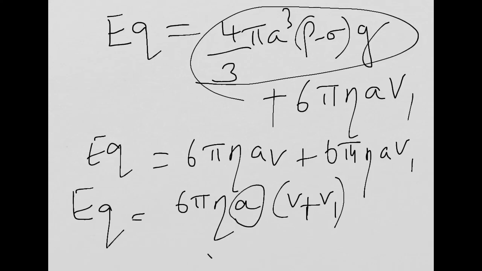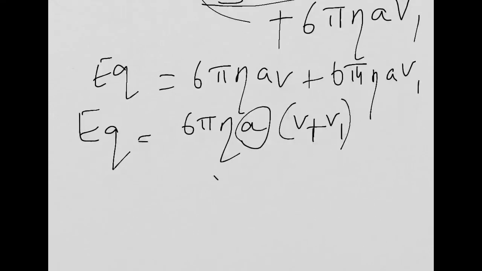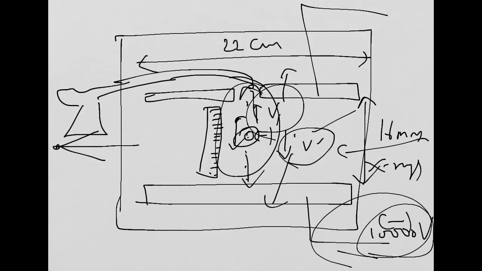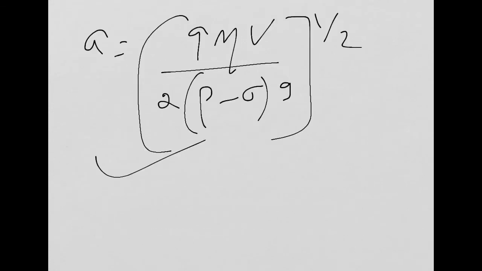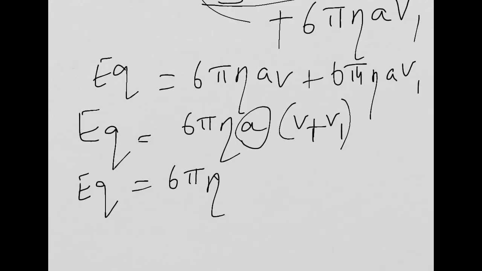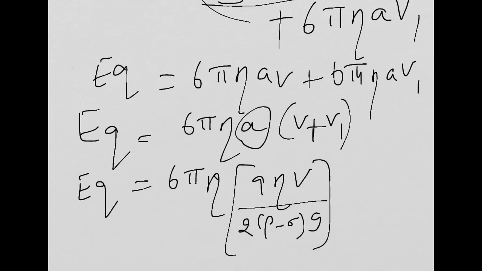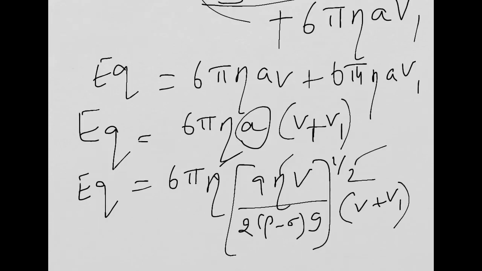We all know the value of a. Just some time back we found out the value of a, right? I'm going to substitute that. So EQ is equal to 6 pi eta, and in the place of a, I can substitute 9 eta v by 2 times rho minus sigma g, the whole power half, into v plus v1. Eta power half, there is already an eta outside, so put together I can write it as eta power 3 by 2.